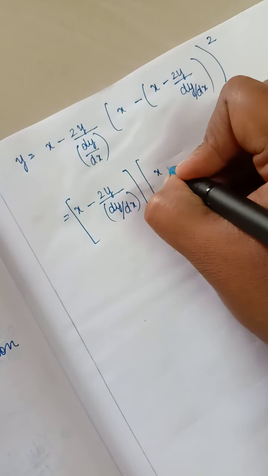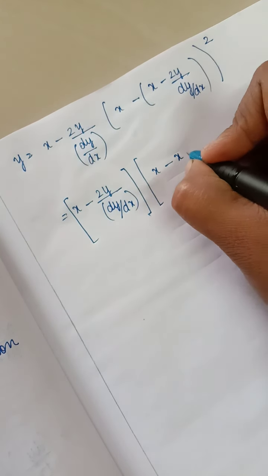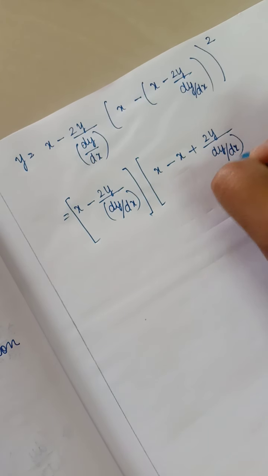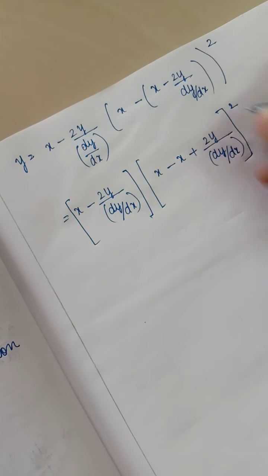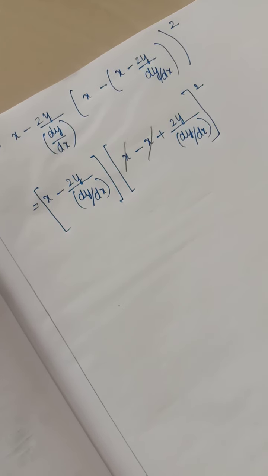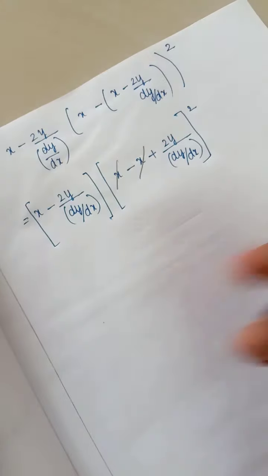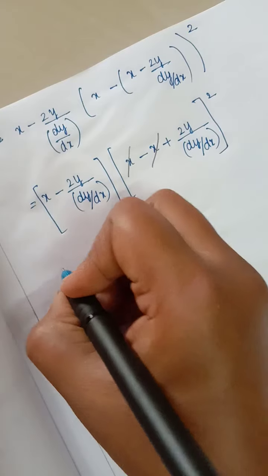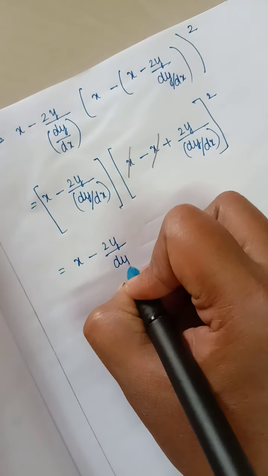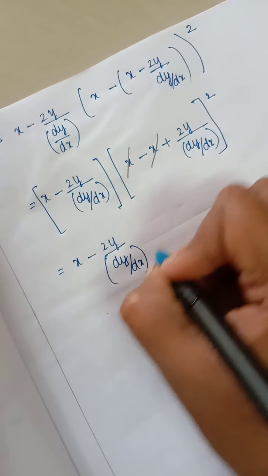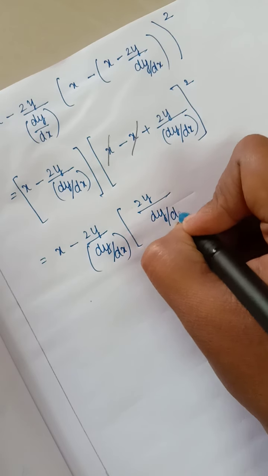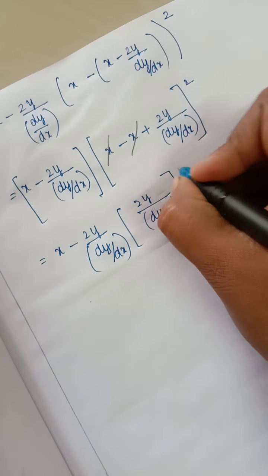Here x minus, then again this minus, then plus 2y by dy by dx, the whole square. Okay, then you just cancel this minus and the plus, x will be getting cancelled. Then what we have to do? So then x minus 2y by dy by dx, then 2y by dy by dx, the whole square.